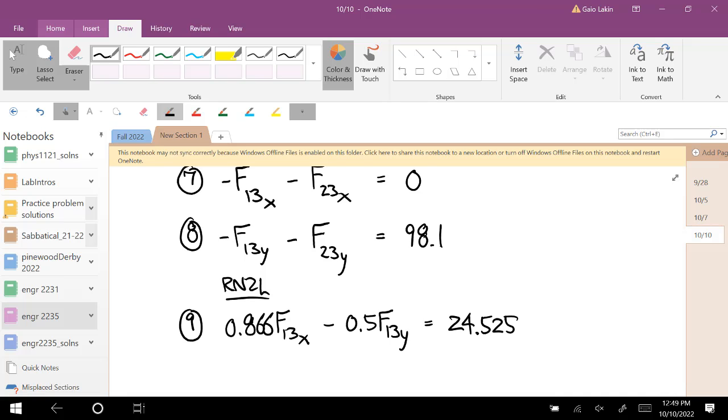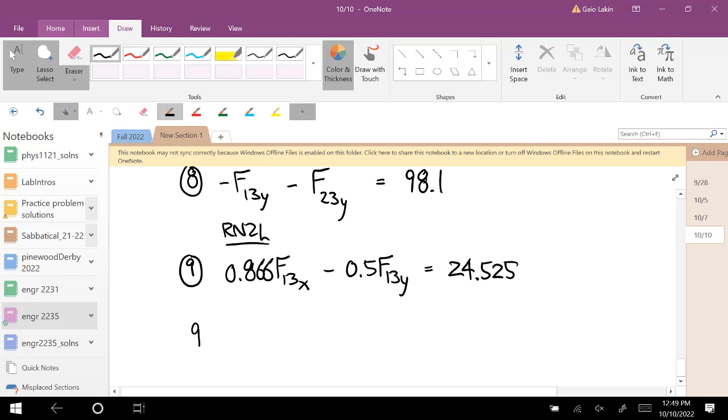So we have 9 equations now. How many variables do we have? Yeah, we didn't add any new ones from the last time. So we should be able to solve this.